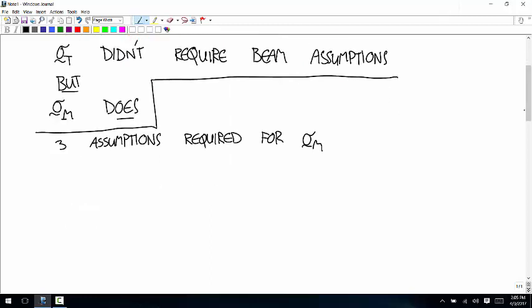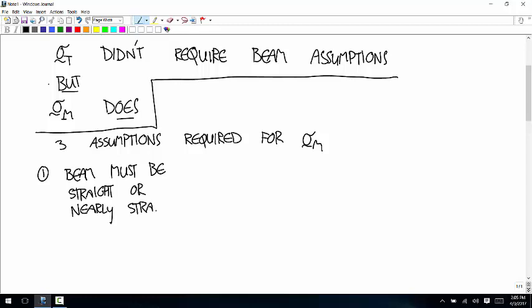Okay, so the first one is the beam has to be straight or close to straight. Must be straight or nearly straight. It's all small deformations, so there can't be much difference between those two for our overall assumptions for the class.